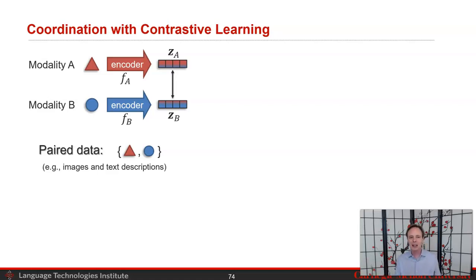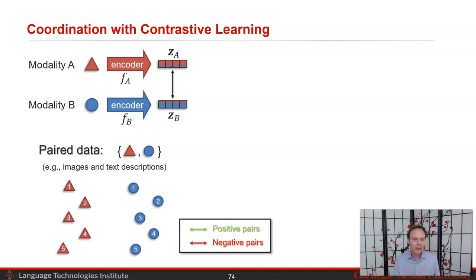Contrastive learning is not going to enforce a coordination function explicitly, or at least its format is going to be different. Here, you will say that you have two modalities, and you have paired data for both. And for now, let's suppose we already give you this paired information. So we'll tell you this image is related to this text.